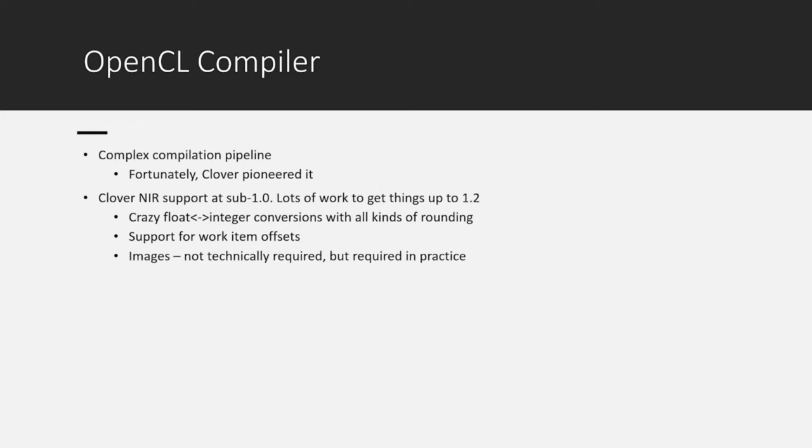OpenCL doesn't technically require images, but all of the real-world applications that would want to use OpenCL for image processing, for example, would need image support, and that was not hooked up in the compiler, so there was a bunch of work needed for that. OpenCL requires implementing a very robust library of math functions, all the various trigonometric, sine, cosine, arcsine, hyperbolic, all that kind of stuff.